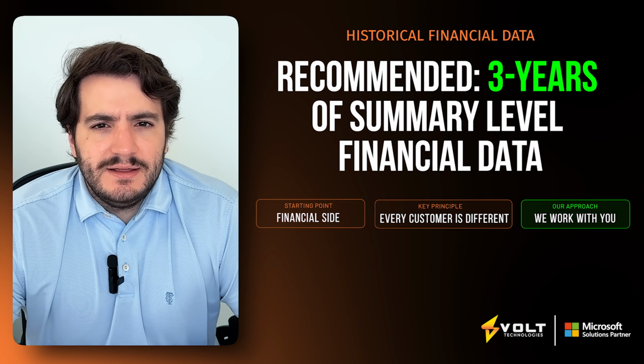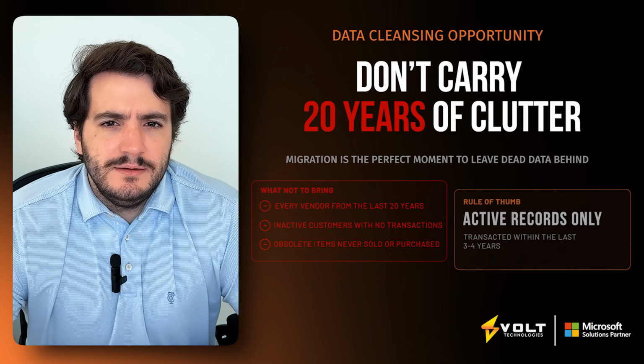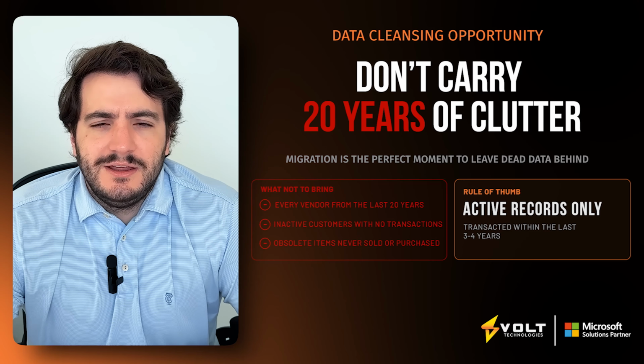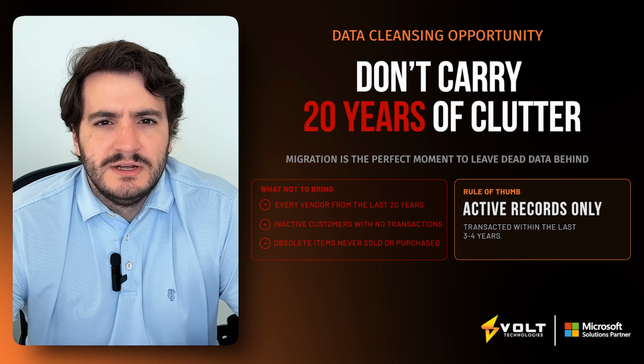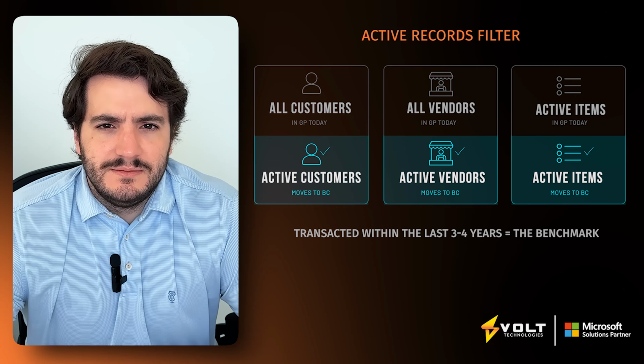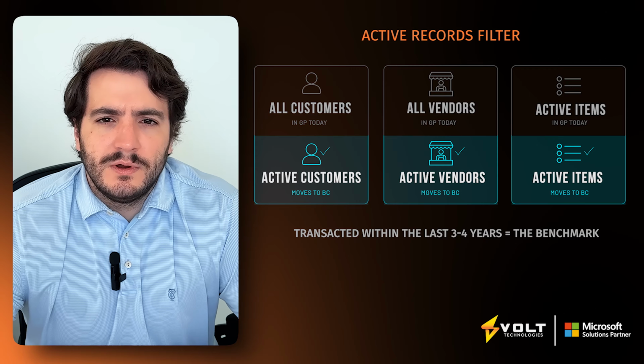Additionally, something to understand is that this is a great opportunity to cleanse your data. Let's not just bring over every vendor, every customer, every item that you've had in your system for over 20 years. Let's go through the process of bringing over the active customers, active vendors, active items, right? So maybe things that we have transacted with in the last 3 to 4 years.